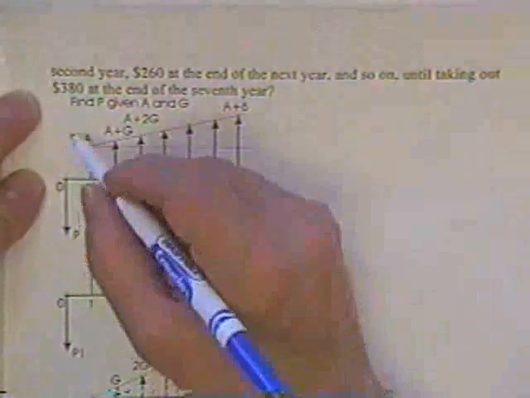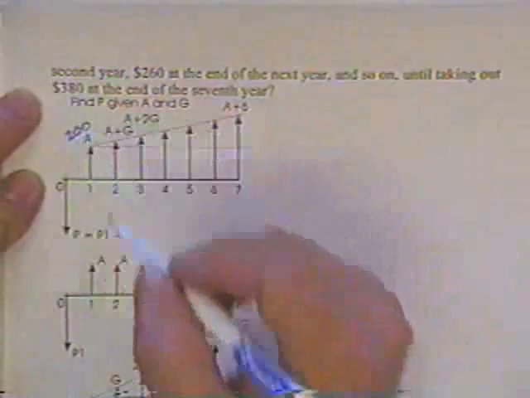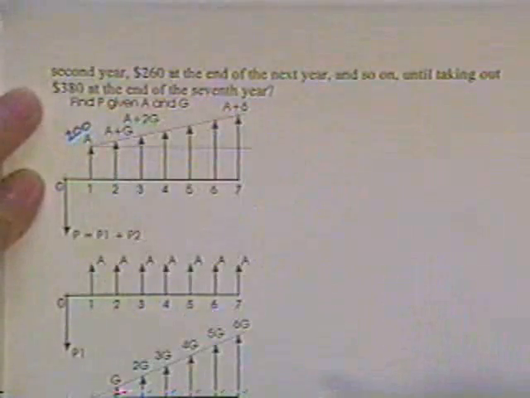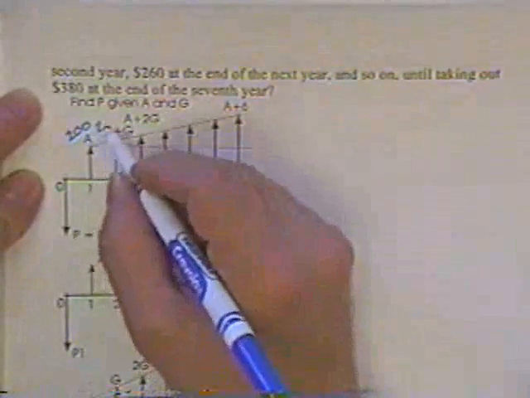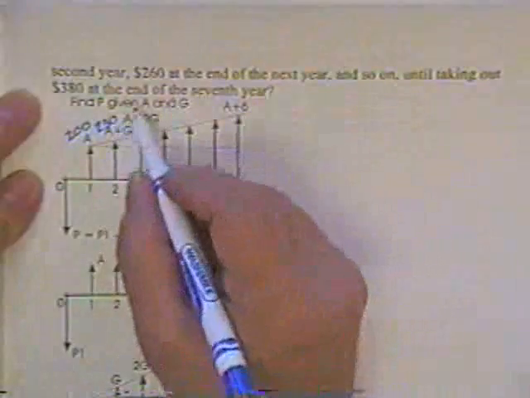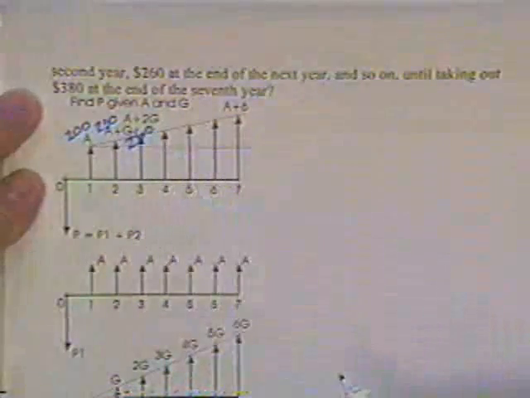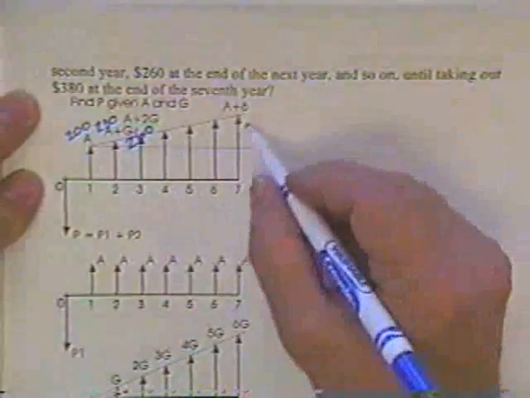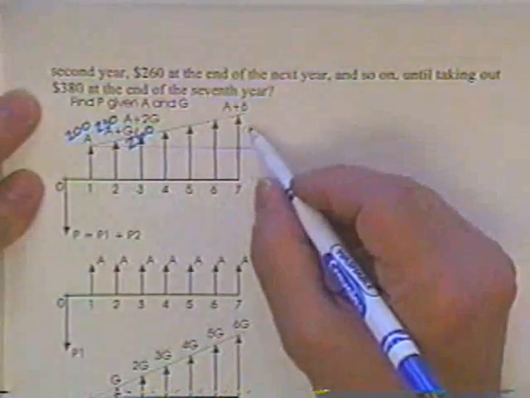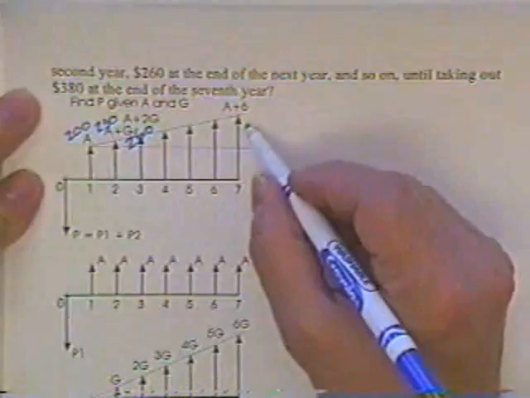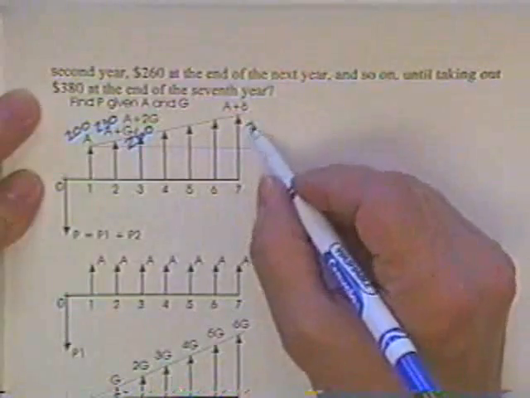So here are our annuities. You'd like to withdraw $200, then you'd like to withdraw $230, then you'd like to withdraw $260, and so on. And finally, at the end of the 7th year, you'd like to be able to withdraw $380.